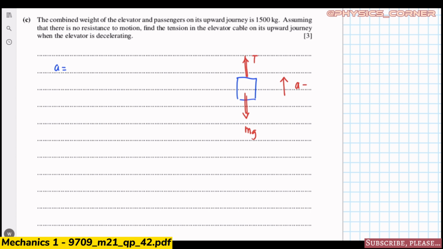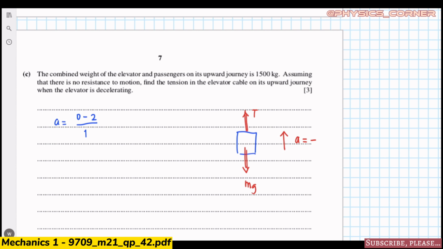We see the deceleration is from 6 to 7, which is 1 second, and the velocity changes from 2 to 0. So acceleration is 0 minus 2 divided by 1, which equals minus 2 meters second minus 2. This is about decelerating.